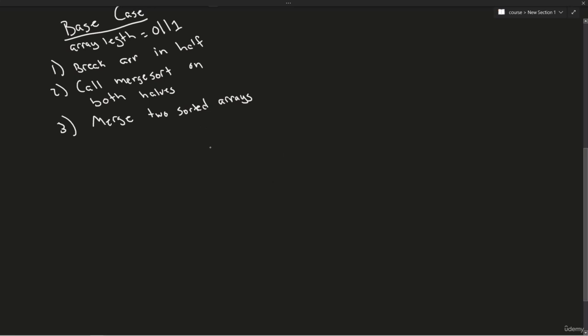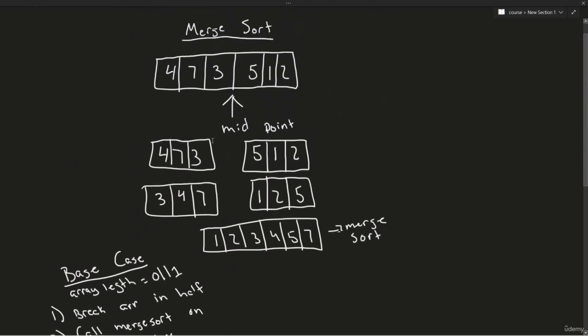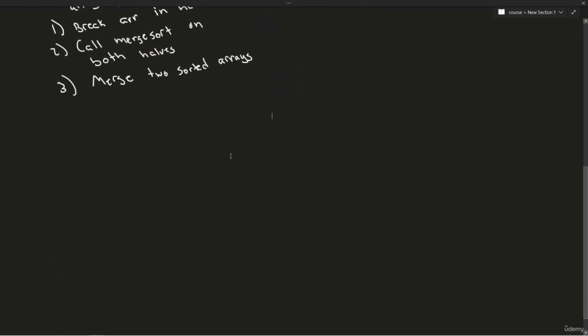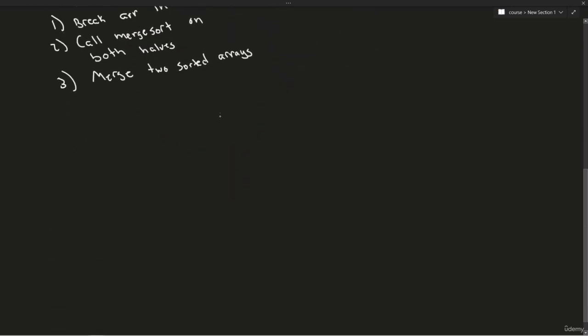So our array was what did we have? 4, 7, 3, 5, 1, 2. So we want to sort 4, 7, 3, 5, 1, 2. I went ahead and split it up because we already know that's what we're going to need to do. So we have our two arrays right here.